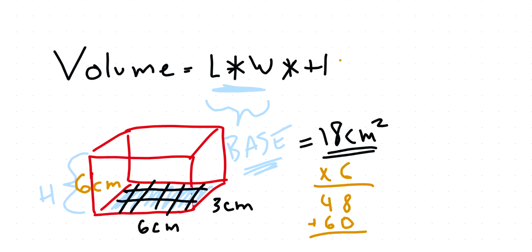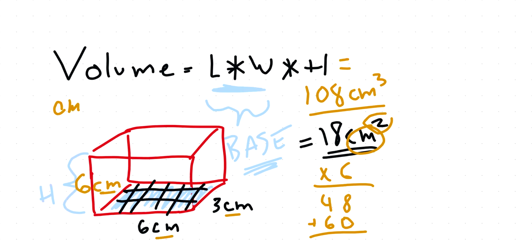So our volume is 108 centimeters cubed, because we're multiplying the centimeters 3 times. 1, 2, 3. You know me, I can't help but talk about this, right? Centimeters times centimeters times centimeters equals centimeters cubed, because who knows what a centimeter times a centimeter is.